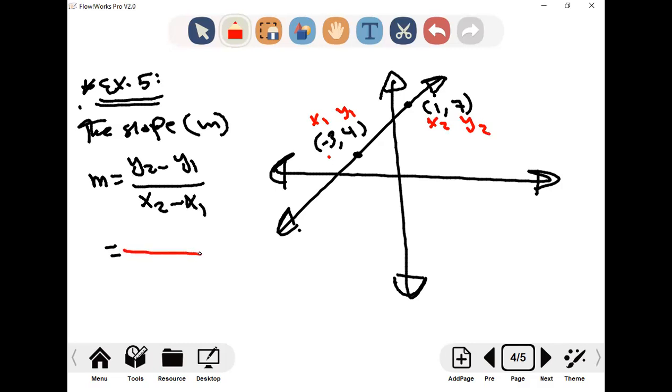So here m equals y2, which is 7, right, minus y1, which is 4: 7 minus 4, over x2, which is 1, minus x1, which is -3. So up is 3, down is what? 4. The slope is positive, which makes sense. So, how much is y2?